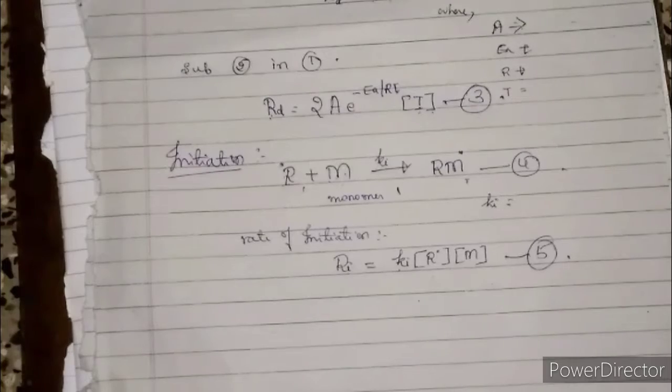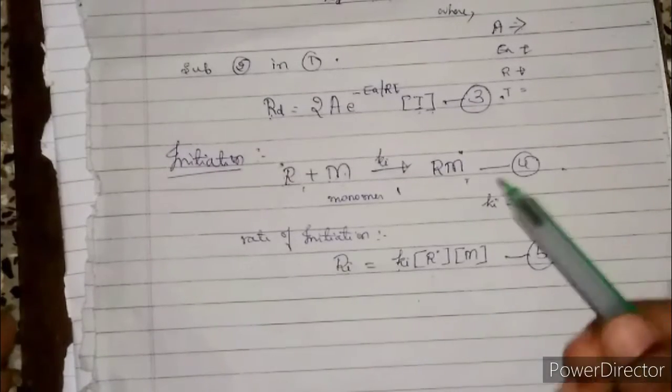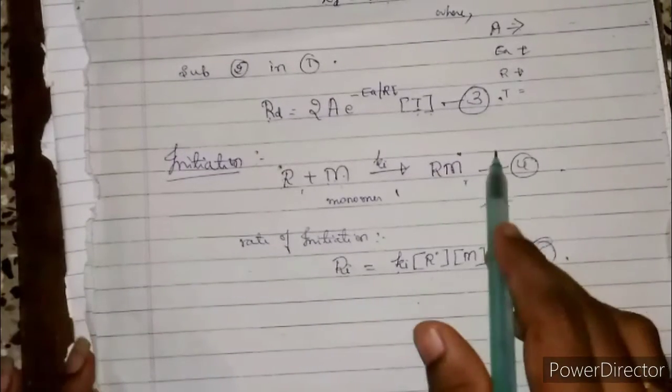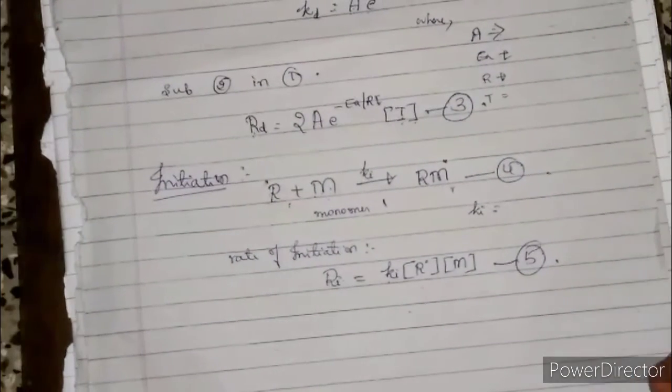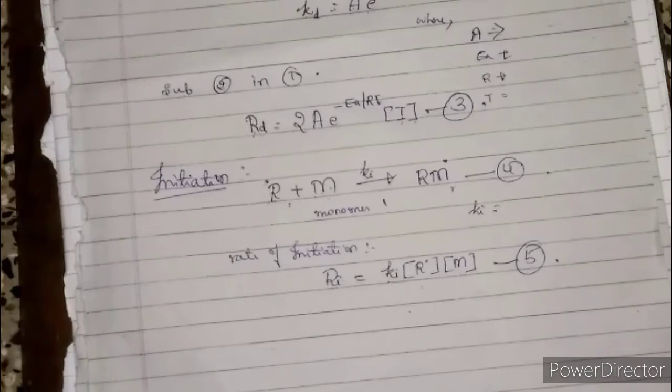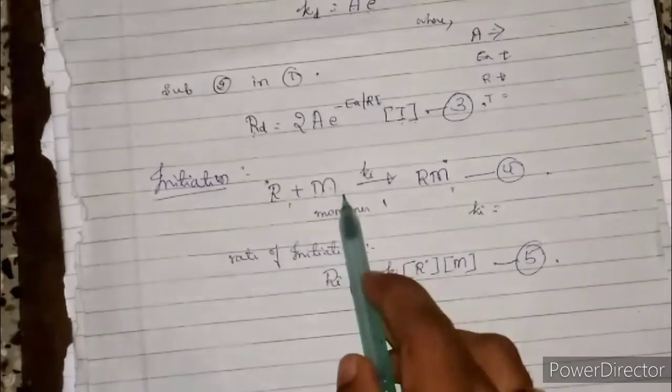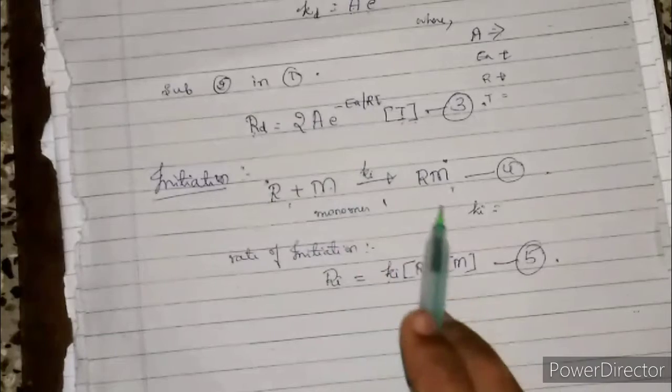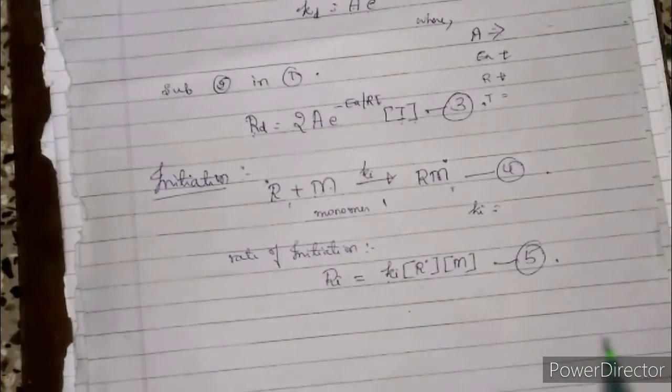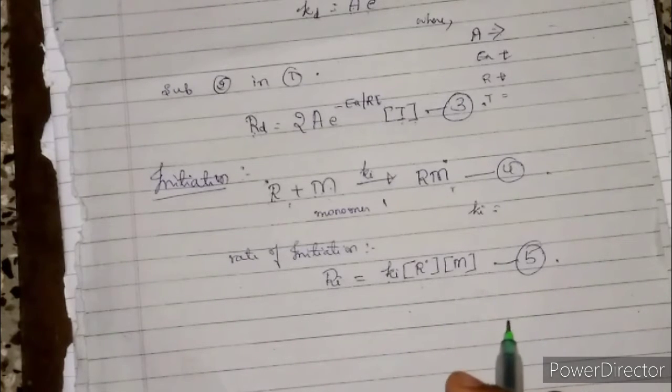Now the free radical, whatever is generated by the decomposition of the initiator, is very reactive. We know the free radicals are intermediates. These are very reactive, right? So once the free radicals are obtained by the decomposition of the initiator, they will attack the monomer. So what I can say is that the rate at which the free radicals are generated is equal to the rate at which they are disappearing.